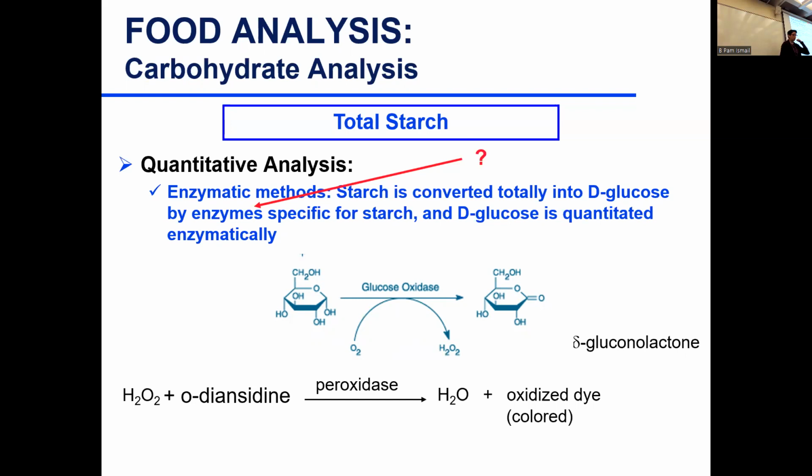So I gave you hexokinase, glucose 6-phosphatase, and glucose 6-phosphate dehydrogenase as one coupled reaction, but the more common reaction that actually comes with the kit for analyzing starch is the reaction that uses glucose oxidase, where we oxidize the glucose in the presence of oxygen, and we get peroxide as one of the products.